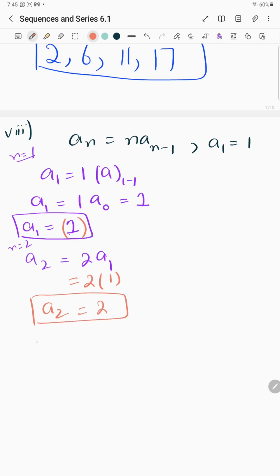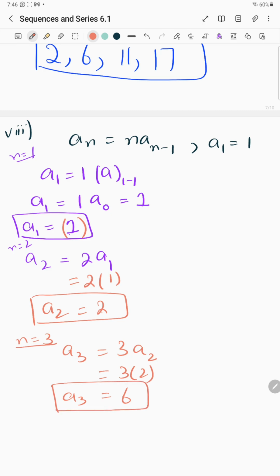So now for n is equal to 3, a3 is equal to 3a2. Now we know a2 is 2, so a3 is going to be 6. n is equal to 4, a4 is equal to 4 a3, and we know a3 is 6.